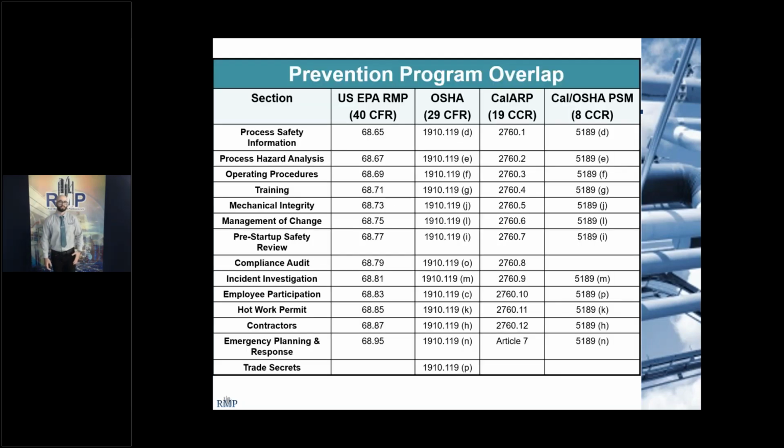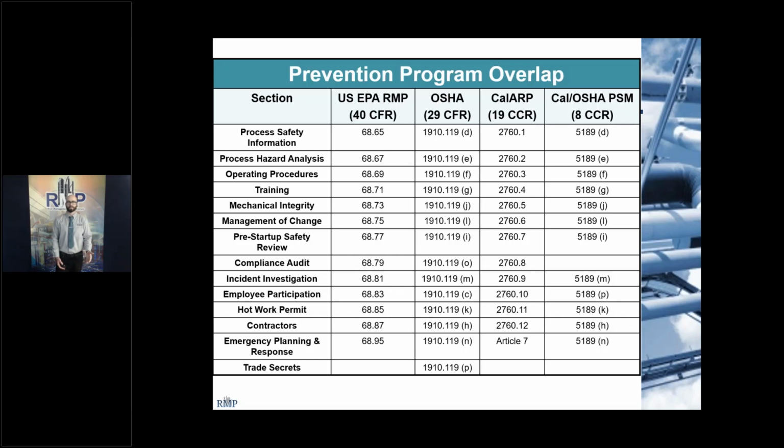This slide shows the requirements from two of the federal government regulatory agencies and the state regulatory. You can see that there's a lot of overlap between the federal and state requirements, and the only differences you could see are in OSHA and CalOSHA, but pretty much they're all the same.